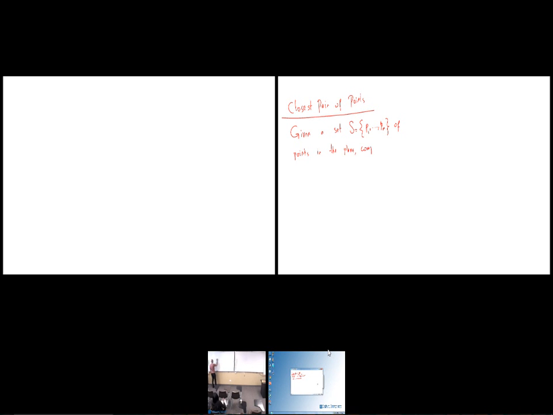Compute the closest pair in this set. Okay, so what's the closest pair of points?